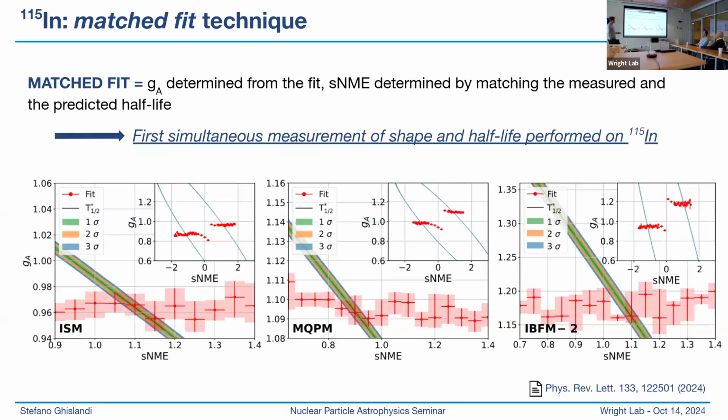Then we went for something a little bit different. We actually want to benchmark a model. And so we don't want only to find the best shape, but we also want to match the measured half-life with the one that is calculated from the theory. So what we did is not a fit varying the GA and the SNME anymore, but fixing this parameter, making different fits with the SNME fixed, finding different GAs.